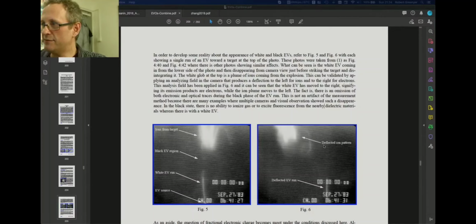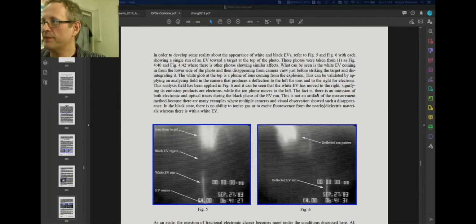And he says here, deflected ion pattern and deflected EV run. Okay, so the analysis field has been applied in figure 6. And it can be seen that the white EV, exotic vacuum object, has moved to the right, signifying its emission products are electrons, while the ion plume moves to the left.